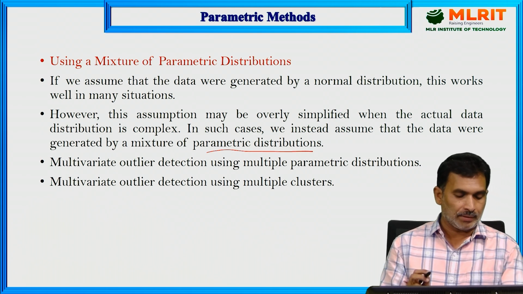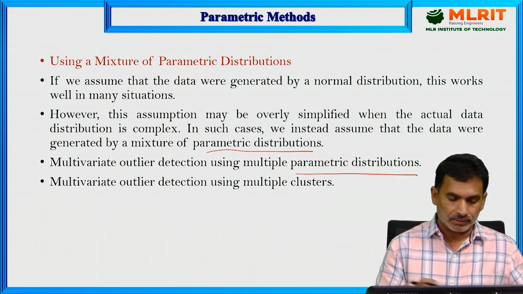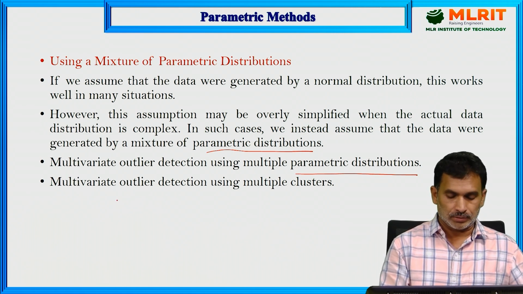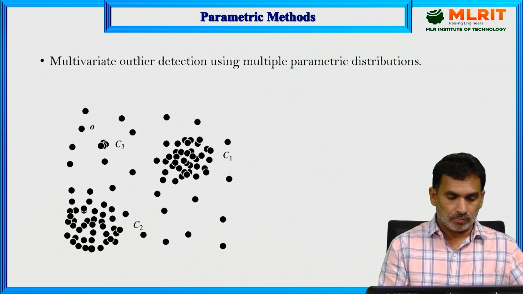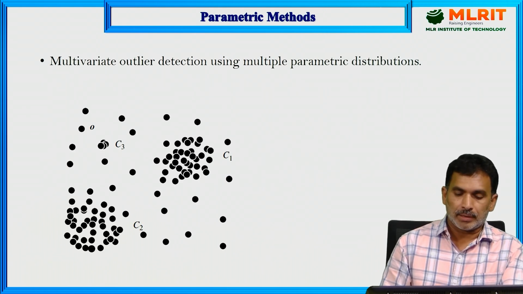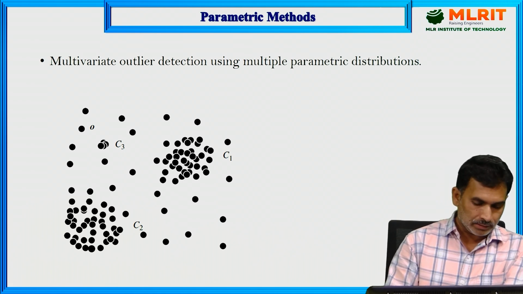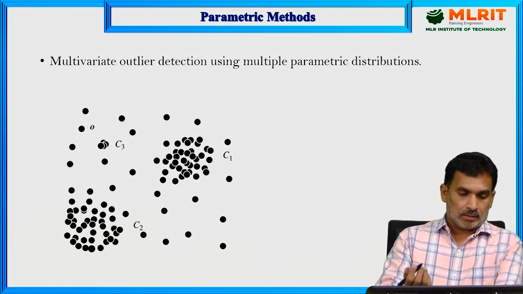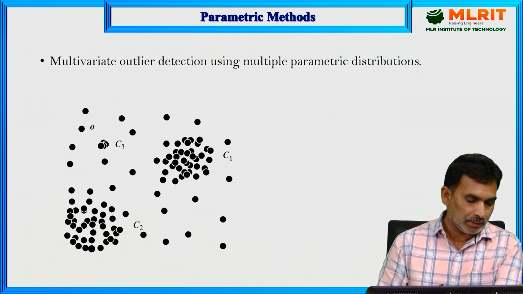In such cases, we instead assume that the data were generated by a mixture of parametric distributions. So there is multivariate outlier detection using multiple parametric distributions, and another is multivariate outlier detection using multiple clusters. Let us see each one. In the previous univariate analysis, we detected the outliers based on a single parameter, that is the mean or any other.